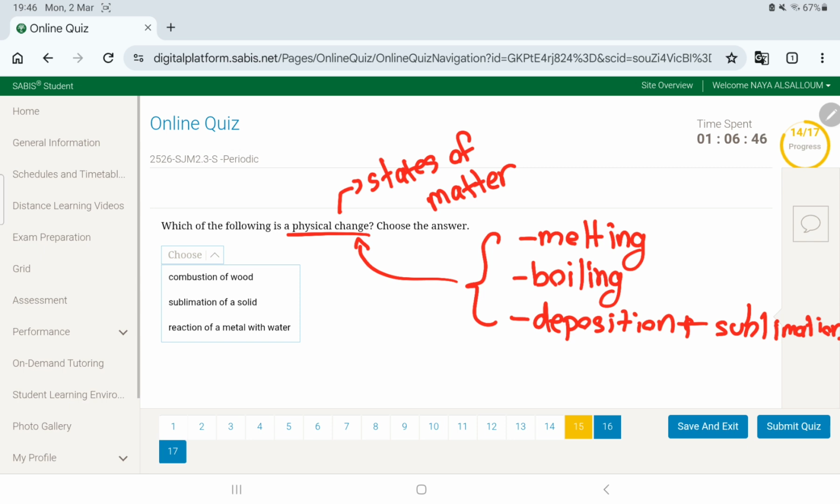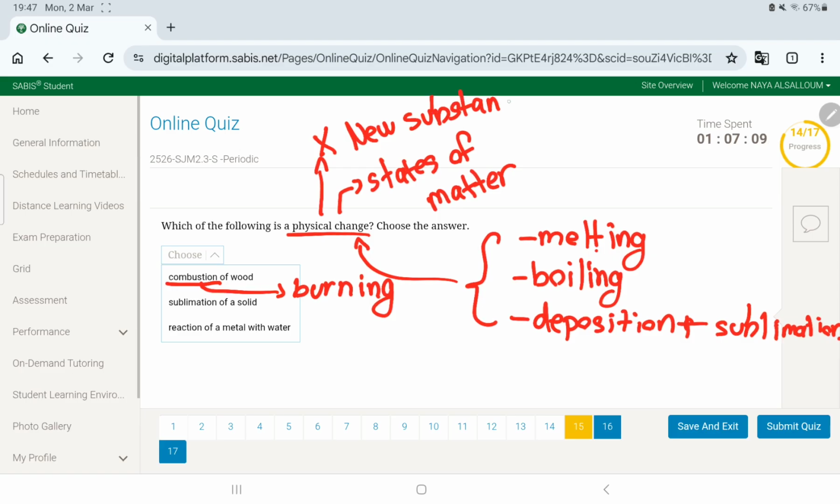Okay? Let's see, guys. What is combustion? Combustion is the burning. When you burn something, it's going to produce ash, carbon dioxide, all of this. All of these are new substances. But a physical change needs no new substances, right?